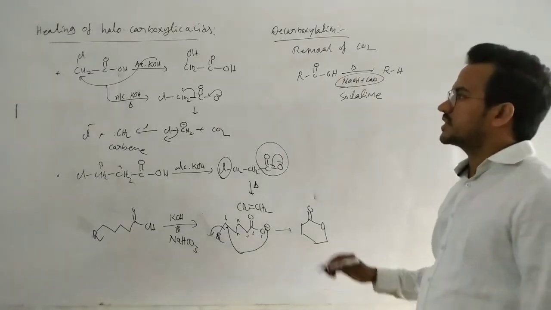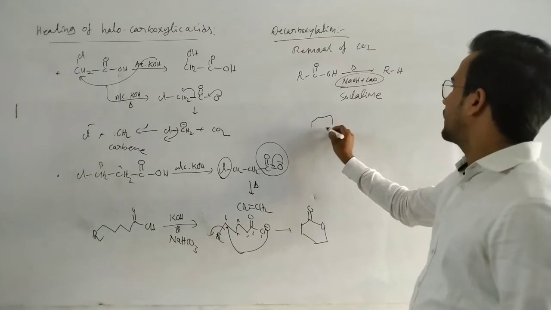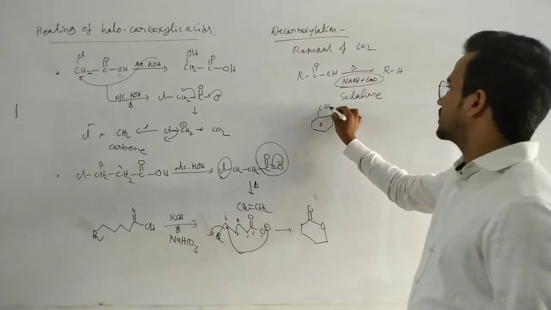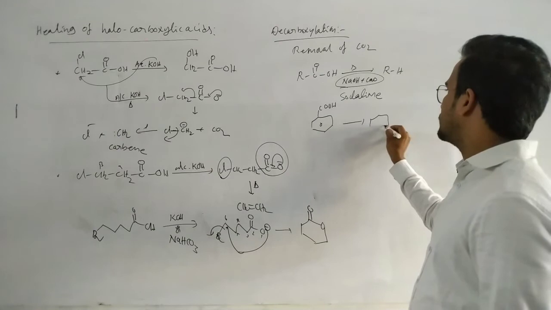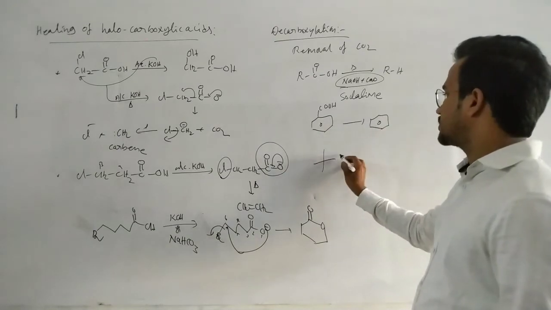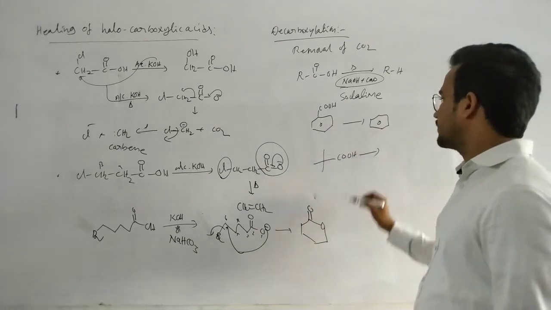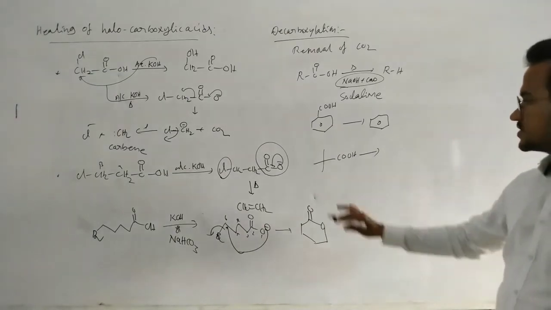Carboxylic acids on heating with soda lime will give alkanes. For example, benzoic acid, you will get benzene. Suppose tertiary butyl COOH.